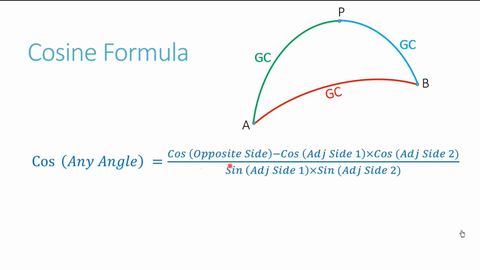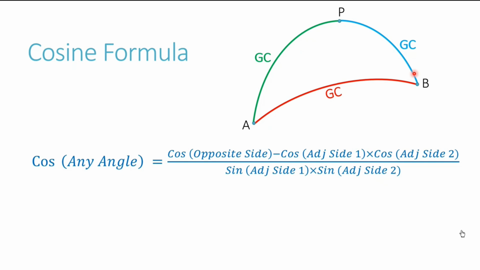Now, what do we mean by the opposite side and the adjacent side? Let's try to understand. Let us consider any one angle of this triangle. Let's consider angle P. Now, you will see there are two sides of this triangle which are making this particular angle. In this case, angle P is being made by the side Papa Alpha, PA, and Papa Bravo, PB.